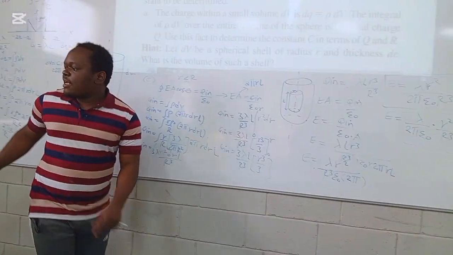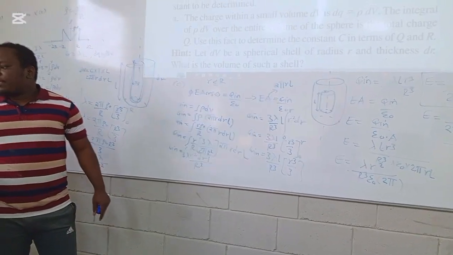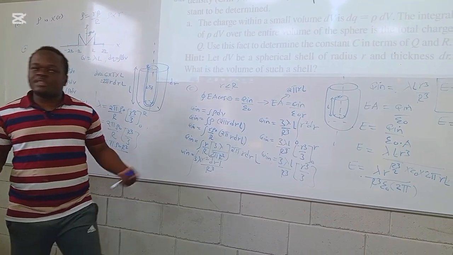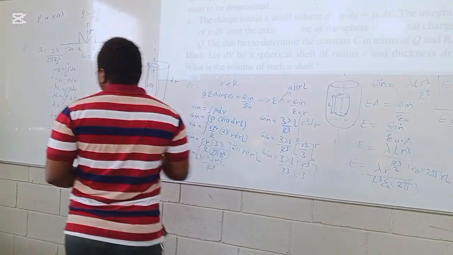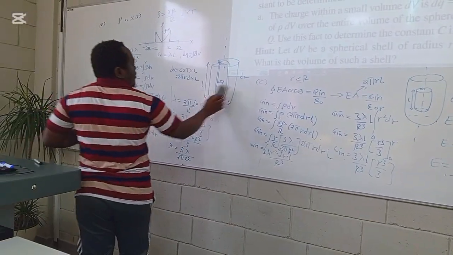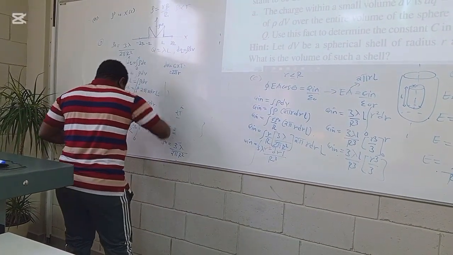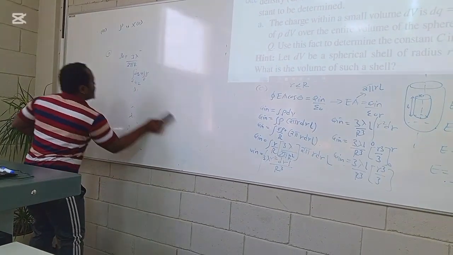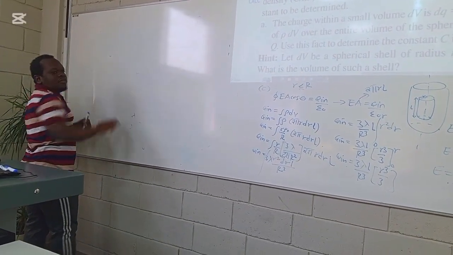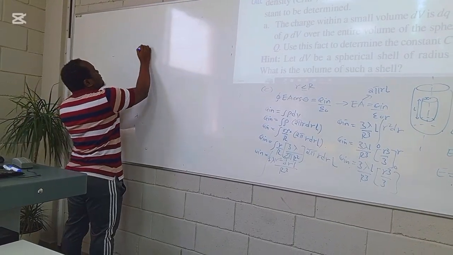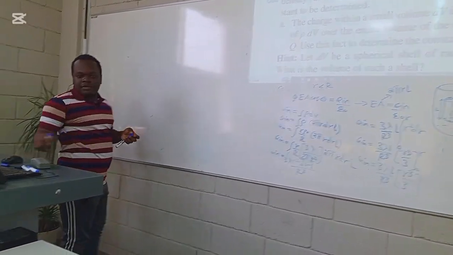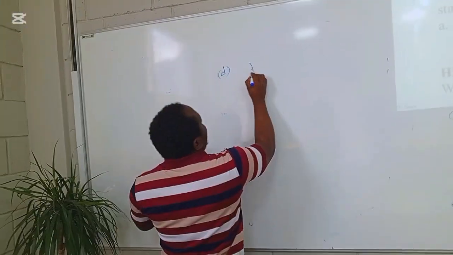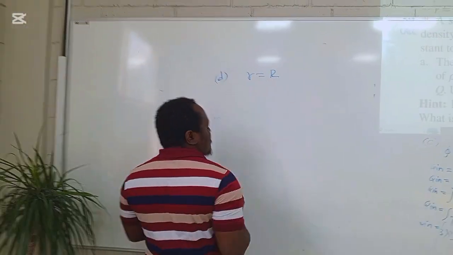The last one is D. That's your expression of the expected value at the surface, r is equal to R. So let's finish it. D, the last one. When r is equal to R, what does this mean?